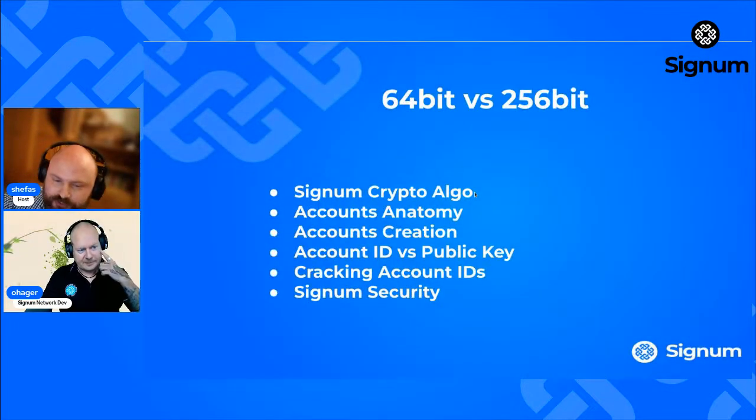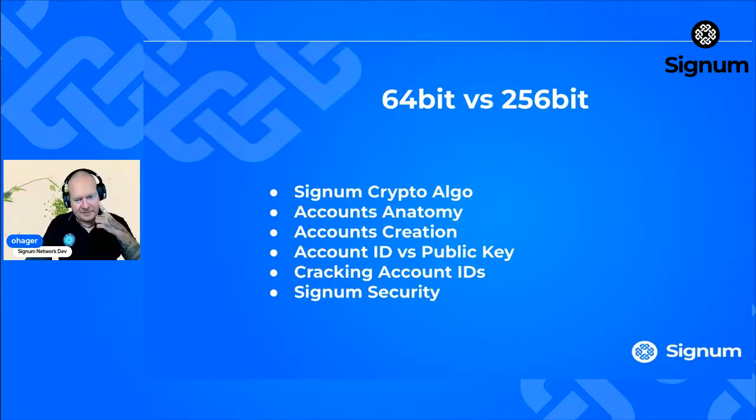Yeah, let's start. So this will be kind of an interesting ride for some people. I'm not very familiar with cryptography, so I'm trying to make it as comprehensible as possible. But I see the necessity to point that out, and all the stuff behind it. What we're talking about today is mainly the account structure and the security regarding the wallets of Signum.